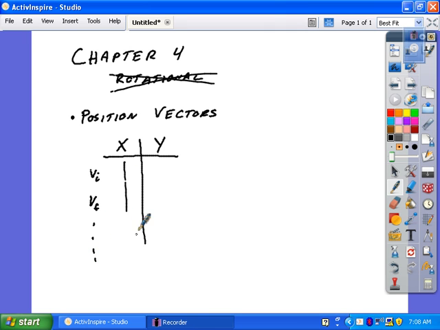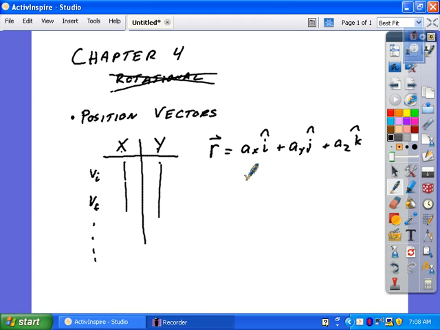We did it in the X, we did it in the Y. But now, when we have a position vector, let's call it R vector, it equals some value I hat plus some value J hat plus some value K hat. So instead of just having X and Y, now we have X, Y, and Z. It's just going to be in a slightly different notation. So no real changes on that portion.